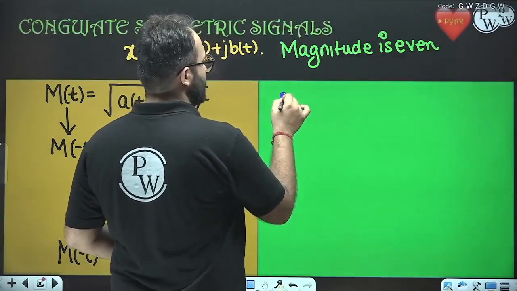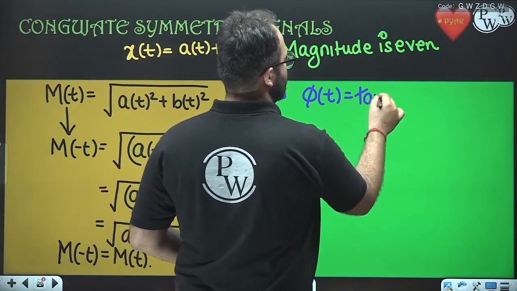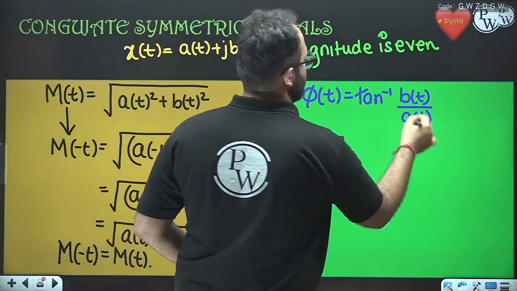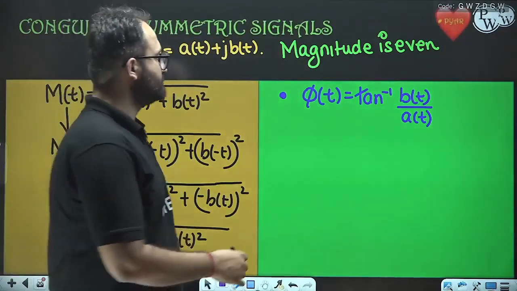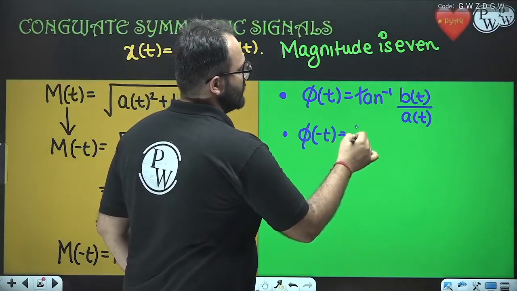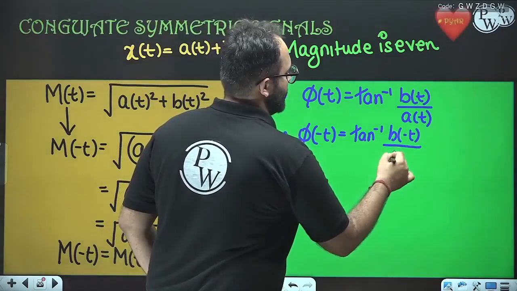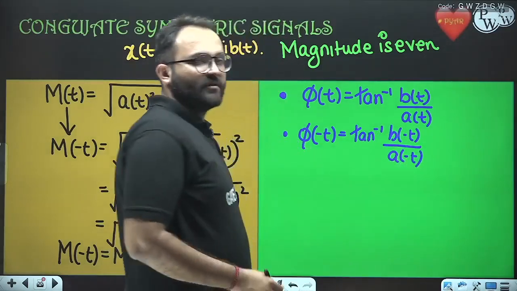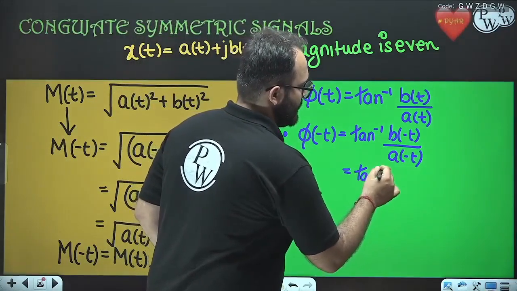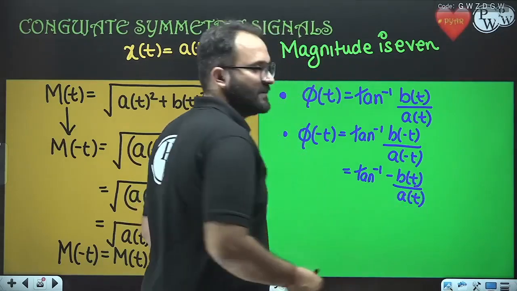But what about phase? The phase phi(t) is equal to tan inverse of the imaginary part upon the real part, b(t) upon a(t). Now phi(-t) is equal to tan inverse of b(-t) upon a(-t). Now b(-t) is minus b(t) and a(-t) is a(t).